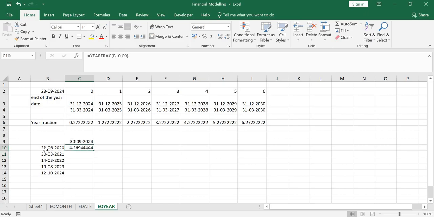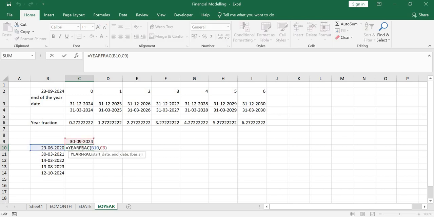So it says that from 23rd of June 2020 till 30th of September 2024, it is 4.26 years. So if I have taken a loan on these dates, and I'm going to pay the loan on 30th of September 2024, I have to pay the interest for 4.26 years.